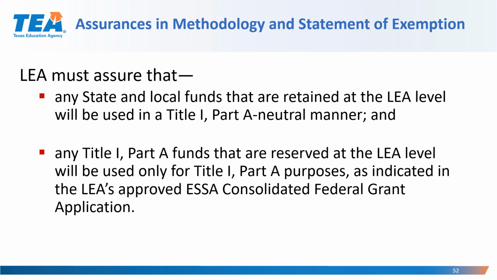In its methodology, or in its Statement of Exemption, the LEA must assure that any state and local funds that are retained at the LEA level must be used in a Title I neutral manner. And any Title I Part A funds that are reserved at the LEA level must only be used for Title I Part A purposes, as indicated in the LEA's approved ESSA Consolidated Federal Grant application.